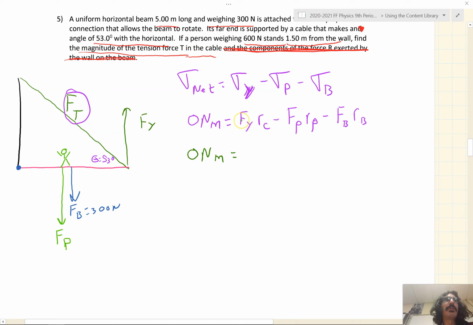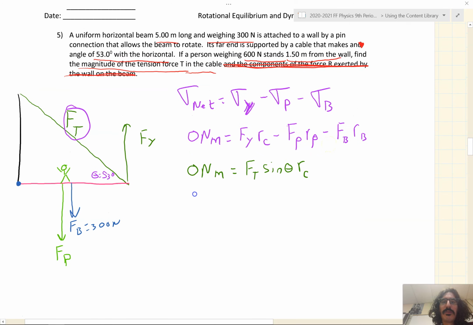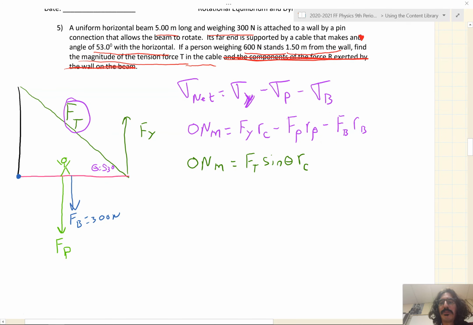The force of the cable in the y direction will be the tension force times the sine of theta, times how far away it is from the wall, minus the force of the person. We're given their weight, so we don't have to break that down into the force of gravity. So minus Fp Rp. And then minus F sub b, the beam, Rb, the beam.